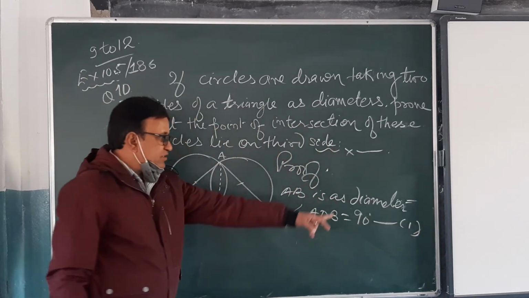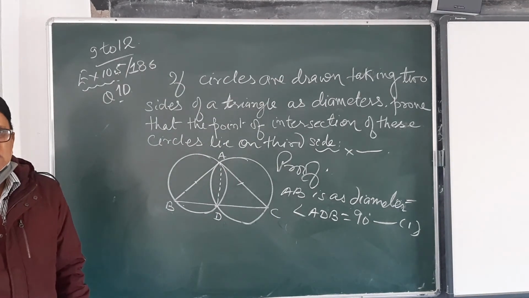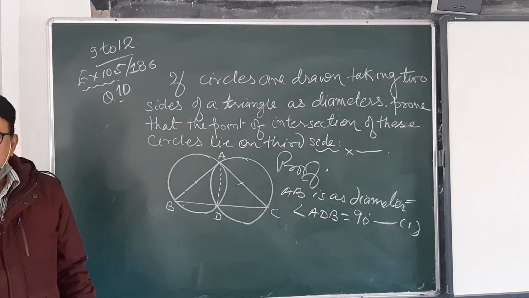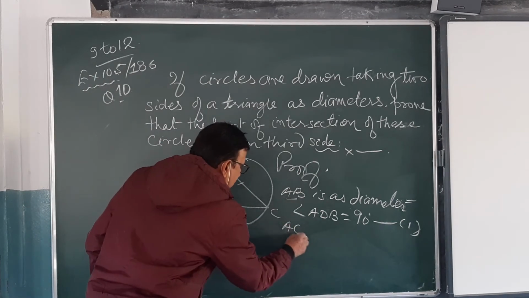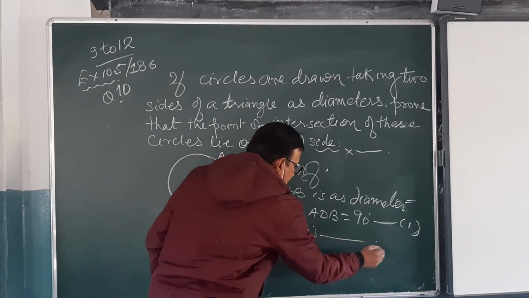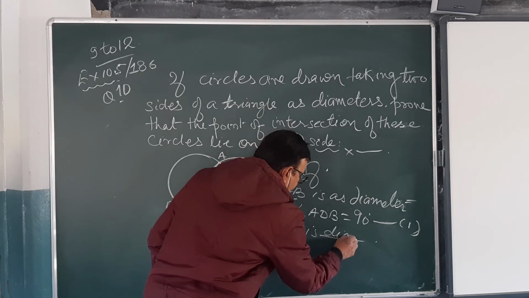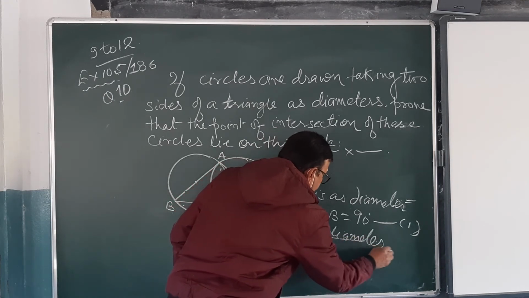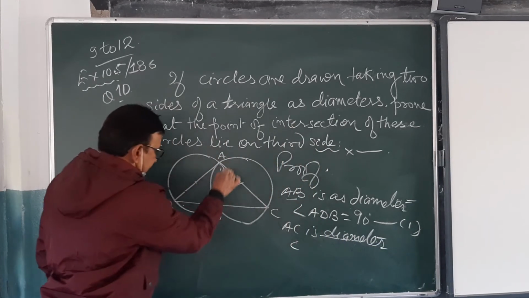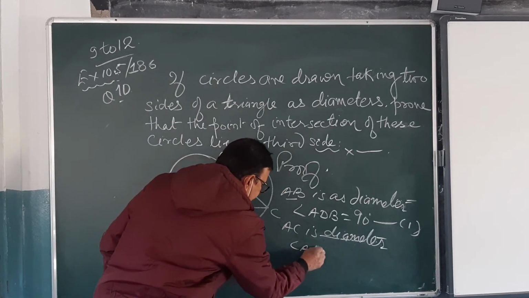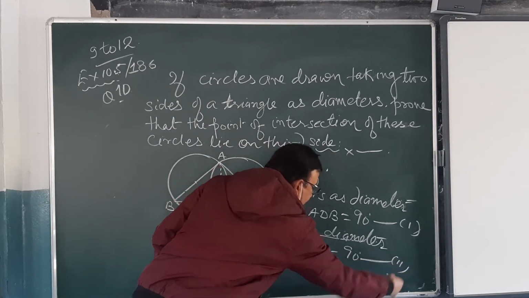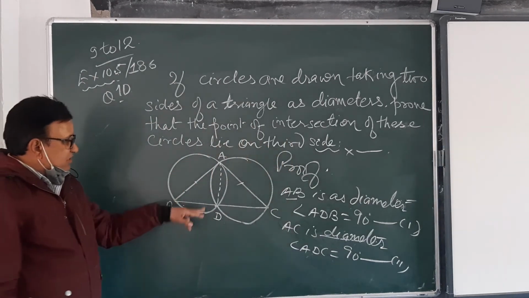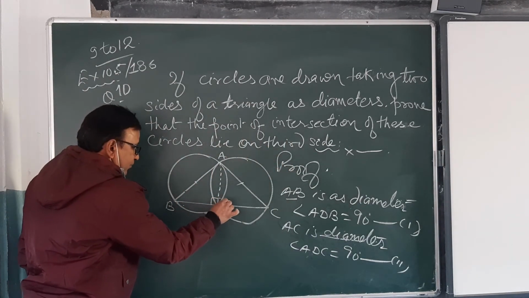Angle subtended in a semicircle is what? Right angle. Now again, AC is the diameter. Therefore angle ADC is again 90 degrees, same reason: angle in a semicircle is a right angle.